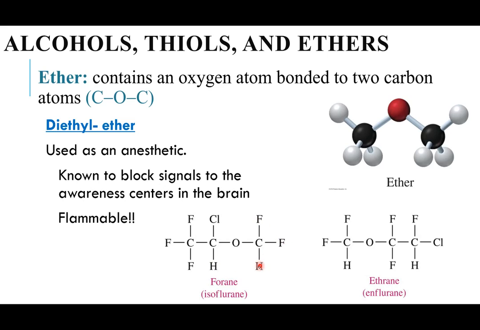Hydrogen, hydrogen, hydrogen, hydrogen, hydrogen, hydrogen, hydrogen, flammable, kaboom. We have since replaced those hydrogens with fluorines and chlorines, left a couple of them hydrogens, but fluorines and chlorines. And this has made that anesthesia more stable. So now when you go in the operating room, you don't have to worry about an explosion because somebody has static electricity. That's one of the improvements that we've made with these ethers.